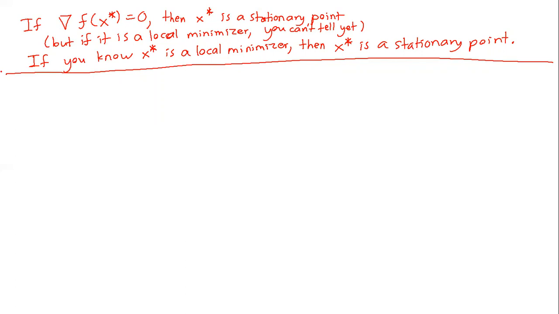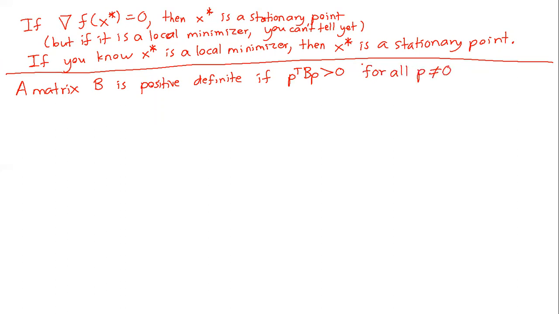So now, here's just a quick definition. In linear algebra terminology, a matrix B is positive definite if p transpose B p is greater than 0 for all vectors p that are not 0.